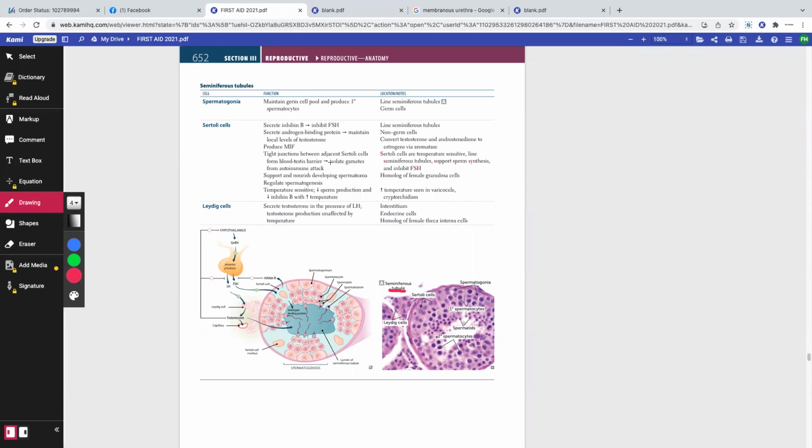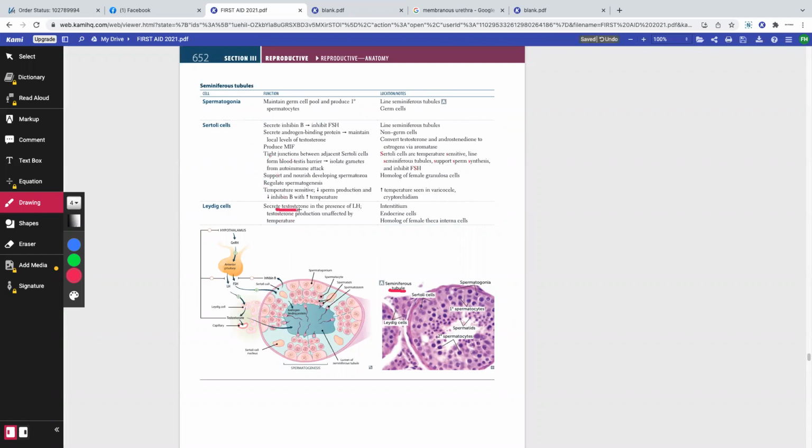Very important. Next one is that the Sertoli cells regulate spermatogenesis and they are very temperature sensitive, as simple as that. So since they are temperature sensitive, usually in varicoceles, if we do not treat the varicocele, then we can have cryptorchidism or infertility or something like that. Then the next one is Leydig cells.